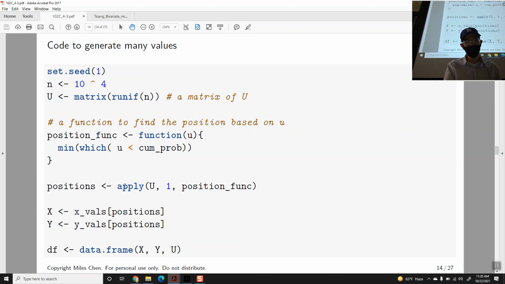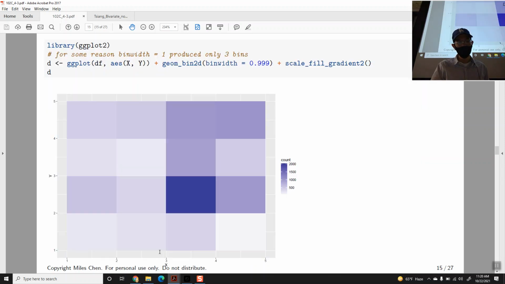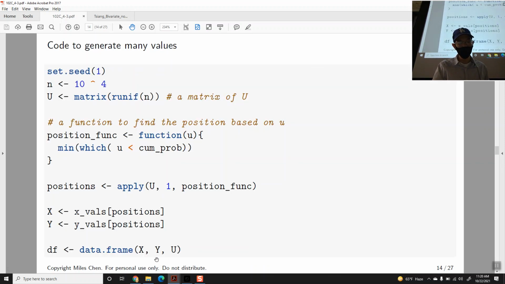I run the apply function on u, and then we subset x to be the position values and y to be the position values at all of these positions. That will give me x and y. I can create a data frame of all of these values, x and y, and just for fun, I can keep all of the u values that are generated.